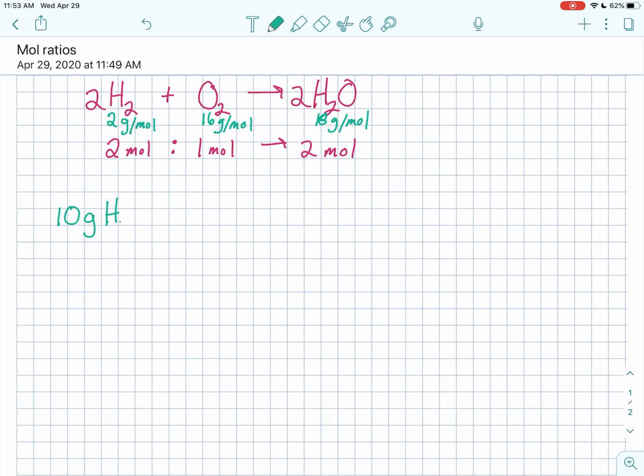And so, let's say that I'm in the lab and I know that I have 10 grams of hydrogen. And I want to make the most water possible from this reaction. So I have 10 grams of hydrogen. I need to determine how much oxygen is needed for it to completely react.